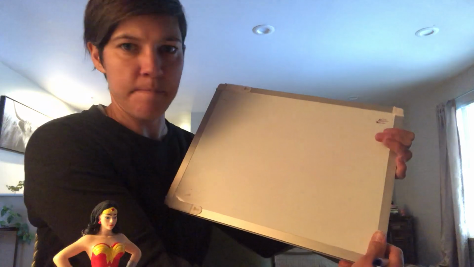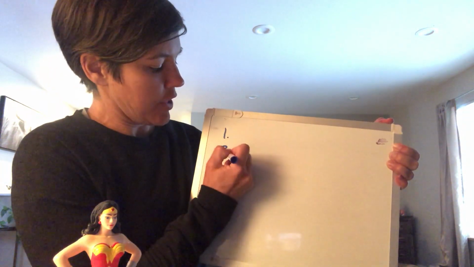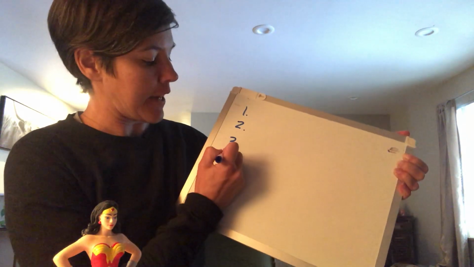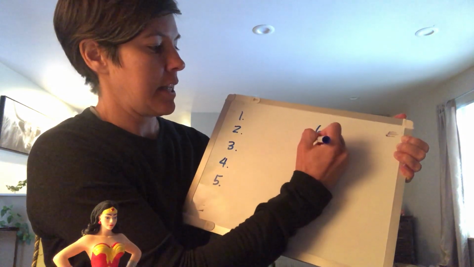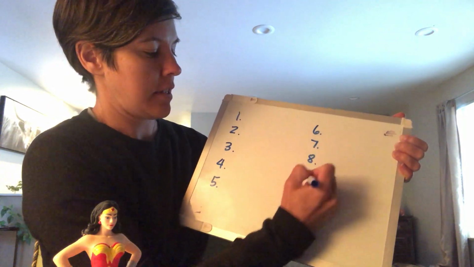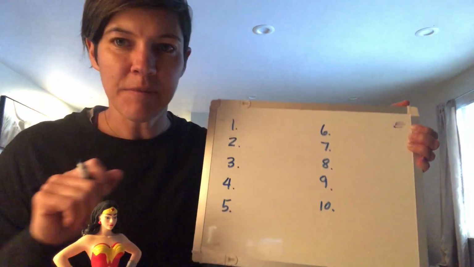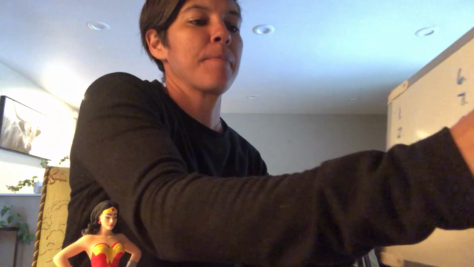When you find them, you're going to make a list. I challenge you to find at least 10 ed words as you read. So let's do the first few. Maybe do the first few with me.